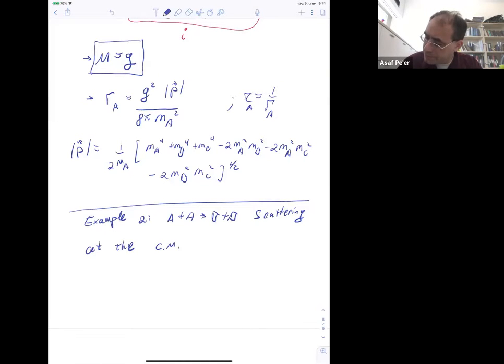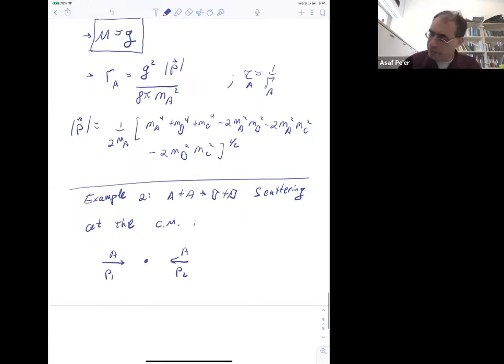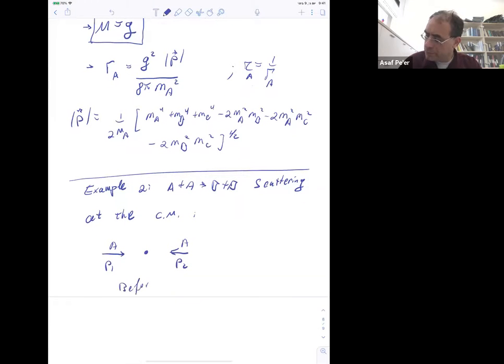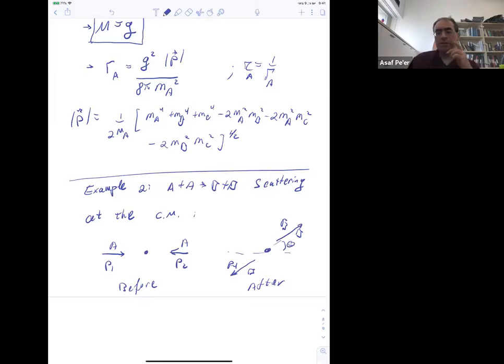We have center of mass frame. We have P1, P2 of A and A. So that's before. And the after part, then we have P3 and P4, PB. I have some angle here, theta. That's what happens in the center of mass frame.